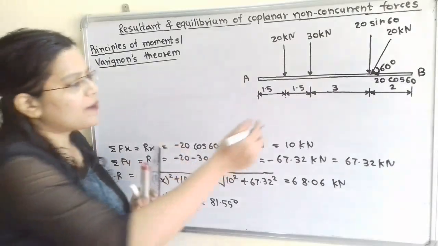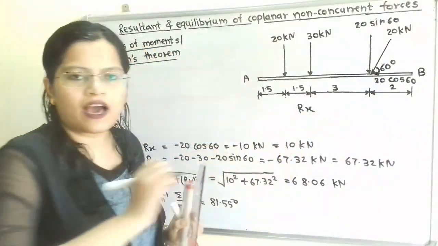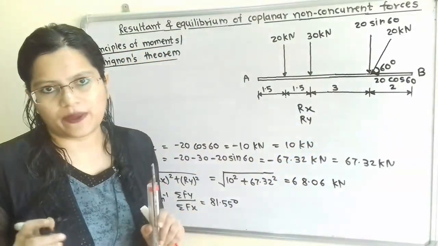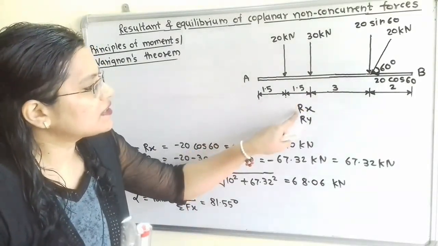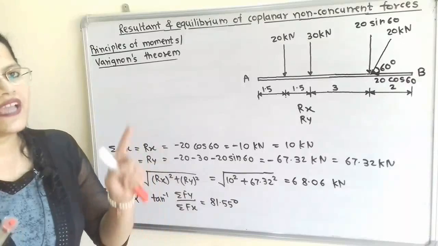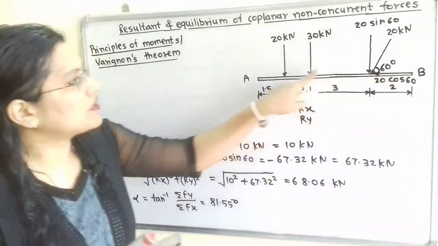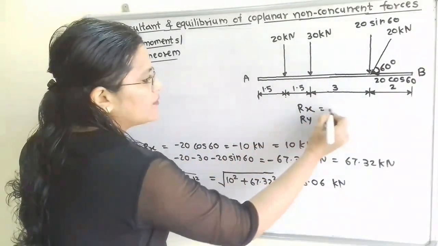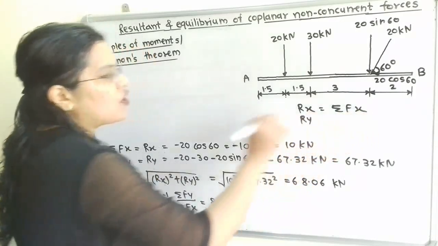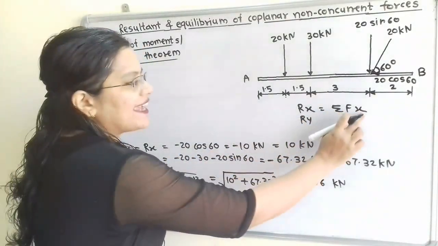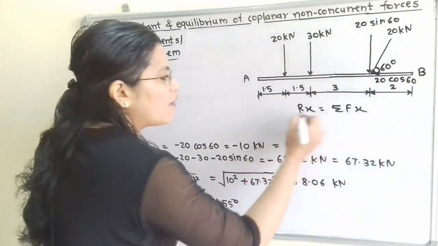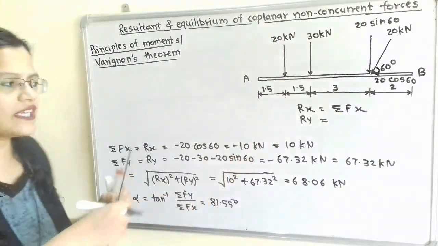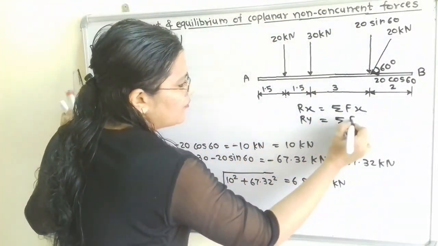For the horizontal component we find Rx, and for the vertical component we find Ry. How do we find Rx? We add all the horizontal components of all these forces: Rx is equal to the summation of all forces along the horizontal line, that is along the x-axis, so summation of Fx. And Ry is the summation of all forces along the vertical line, that is along the y-axis, summation of Fy.